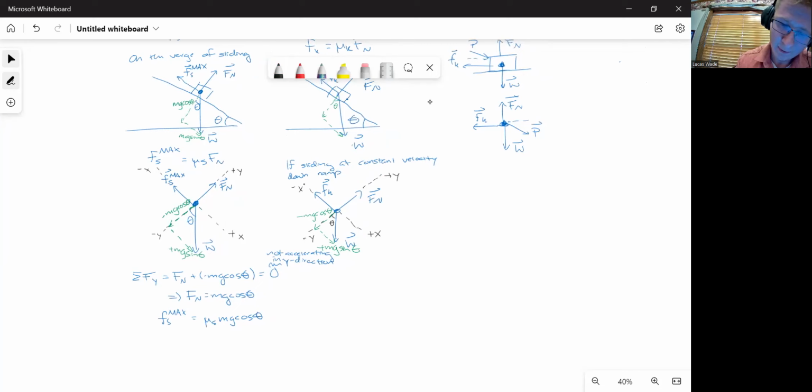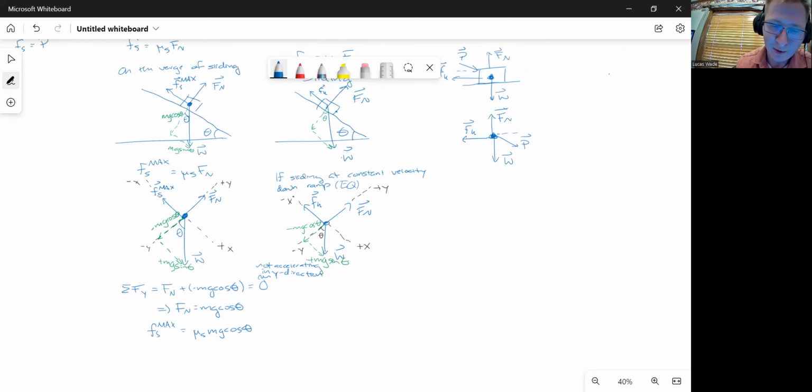So if the block is sliding down the ramp at a constant velocity, it's not accelerating. So it is in equilibrium. That's an equilibrium case, because if it's sliding down the ramp at constant velocity and not moving into or out of the ramp, that says it is not accelerating in the x or y direction.